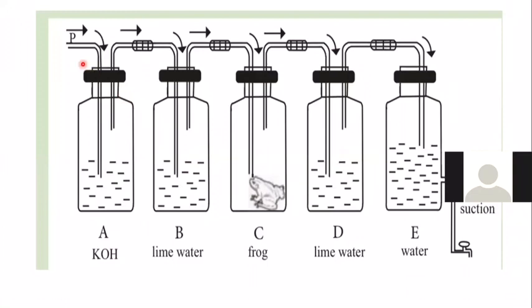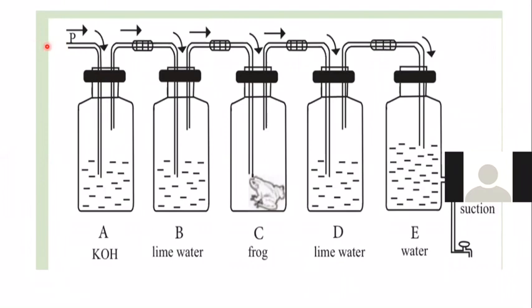Now here there is a frog. Normal air comes from here. Air means a collection of every kind of gas, like carbon dioxide, oxygen, every kind of gas is present there. Now all the gas comes in here like this.